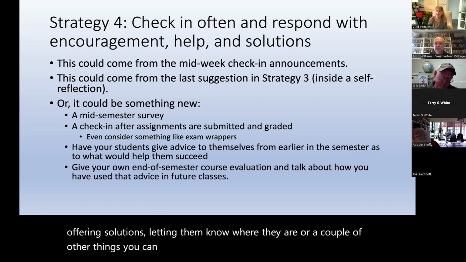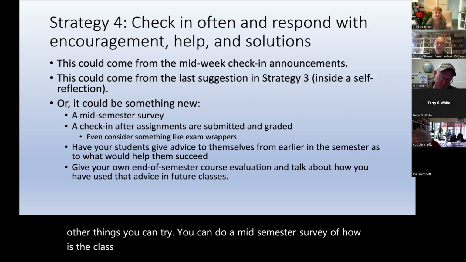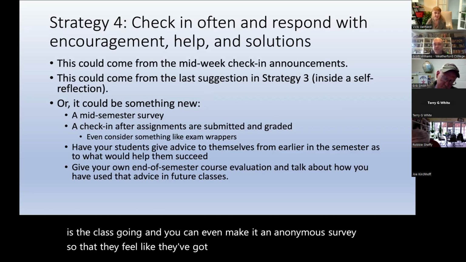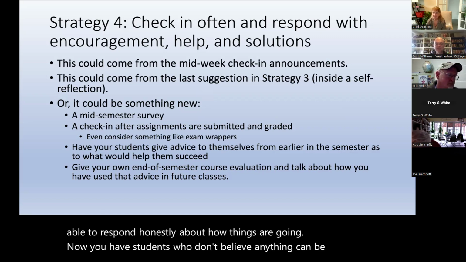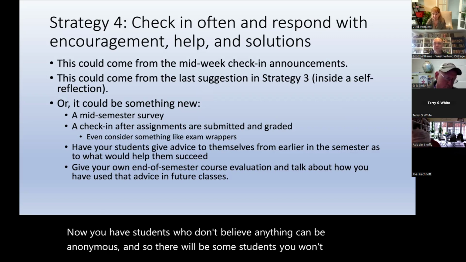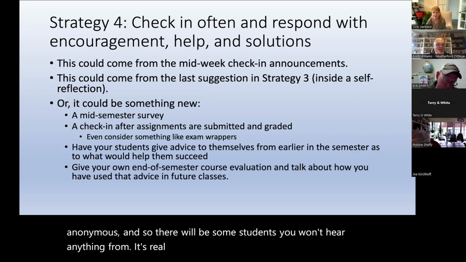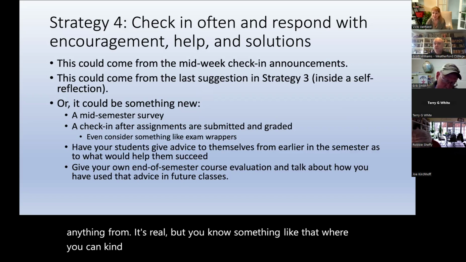You can do a mid-semester survey of how the class is going, and you can even make it an anonymous survey so that they feel like they've got some freedom to respond honestly about how things are going. Now, you have students who don't believe anything can be anonymous, so there will be some students you won't hear anything from. It's real, but something like that where you can ask what's going well and what's not going well.